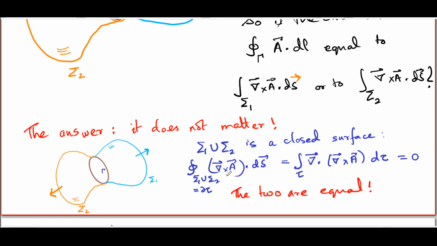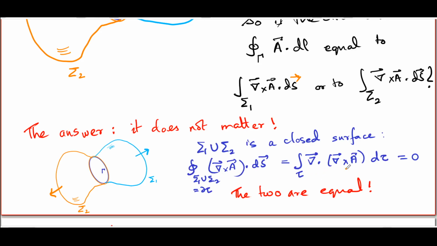And so if you were to integrate curl of A dot dS over this closed surface, sigma 1 union sigma 2, then of course what you can use is the fact that this is the boundary of a region, the region tau, which is bounded by this overall closed surface. And Gauss' theorem tells us that this surface integral over a closed surface can then be related to the volume integral of the divergence of the vector field here.